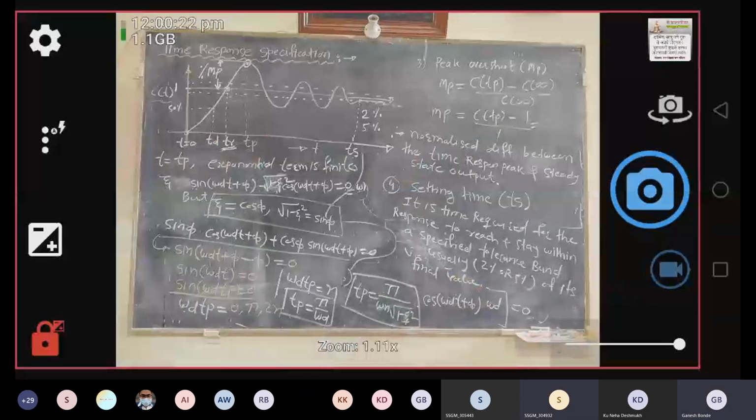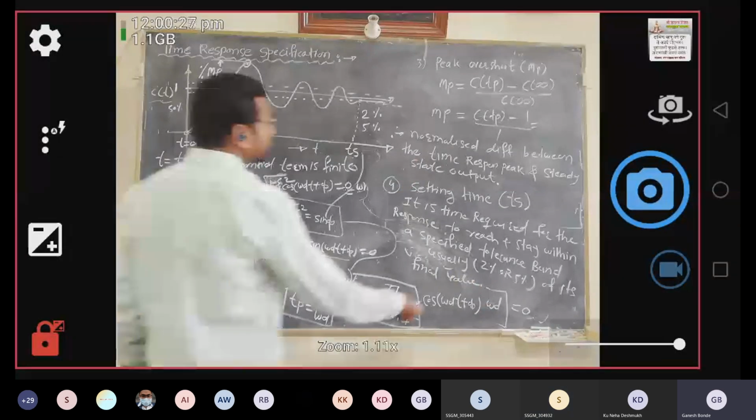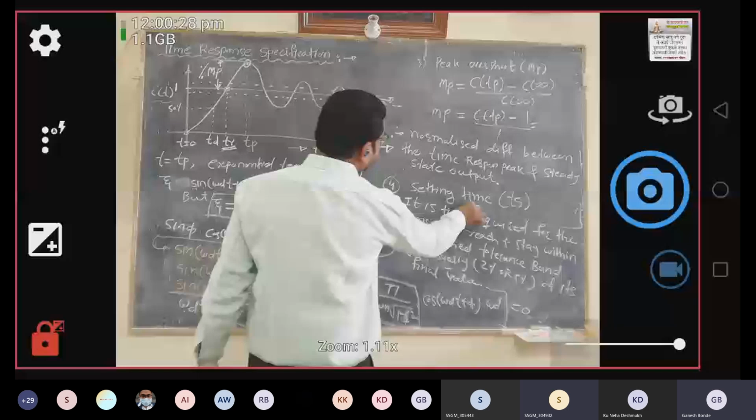So this is the standard definition of settling time. Then we are also going to derive the expression for TS. So today we stop here. If you have any doubt, please ask me.